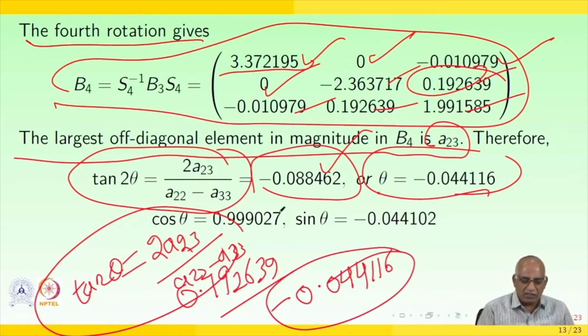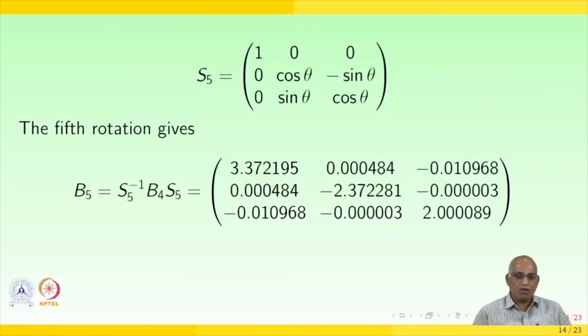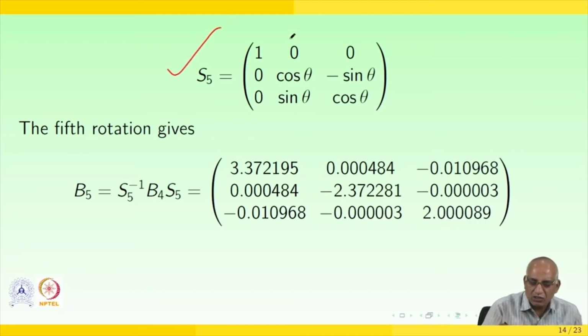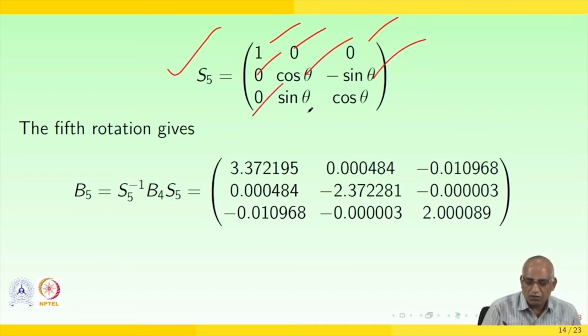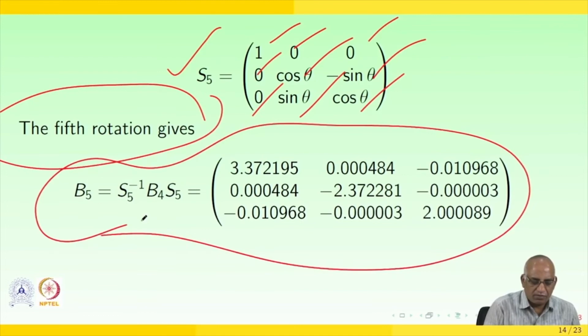So ultimately cos theta will be 0.999027 and sin theta is minus 0.044102. So we can write S5 as 1 0 0, 0 cos theta minus sin theta, 0 sin theta cos theta. So the fifth rotation gives you this matrix B5.